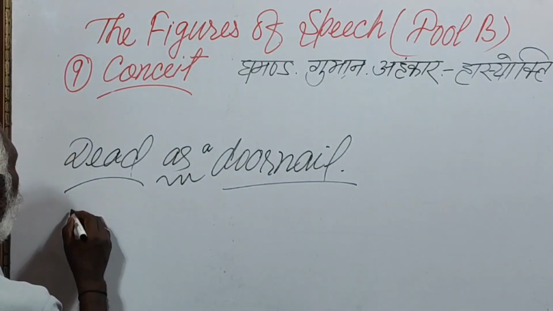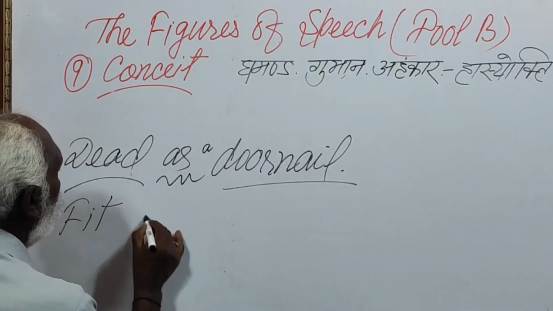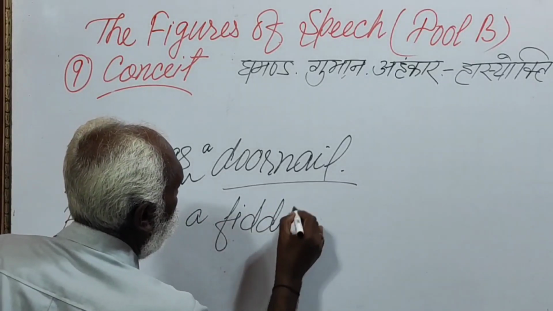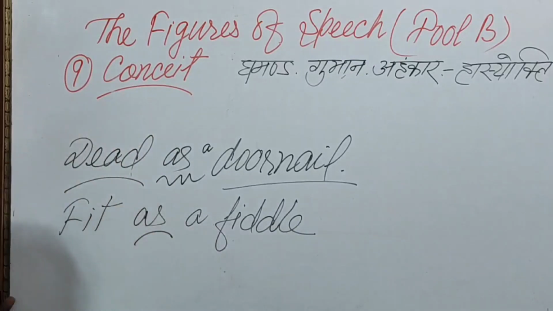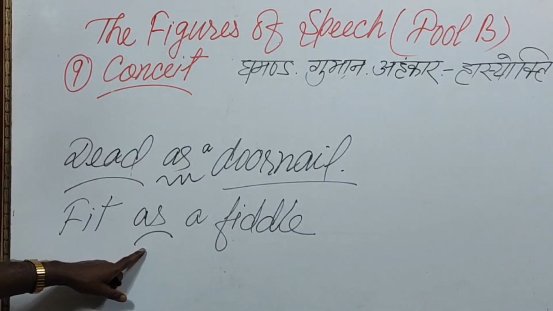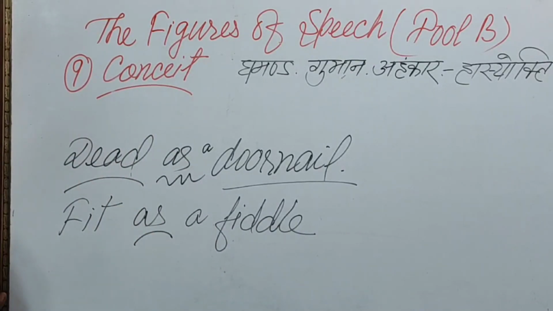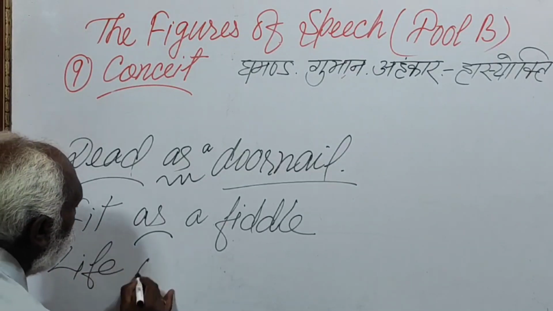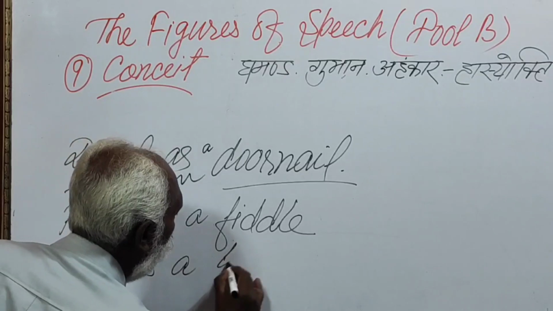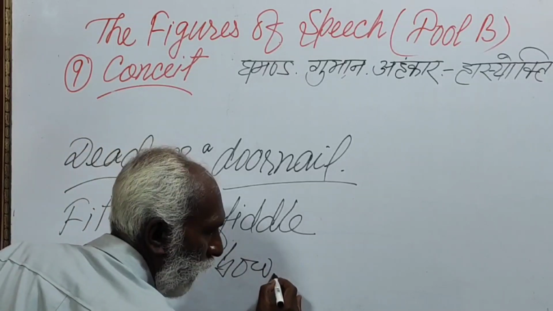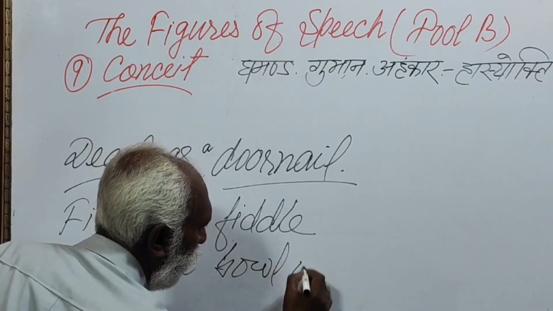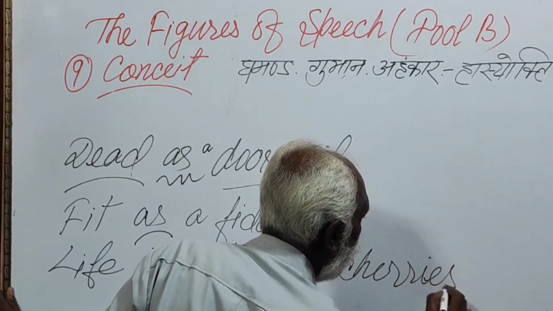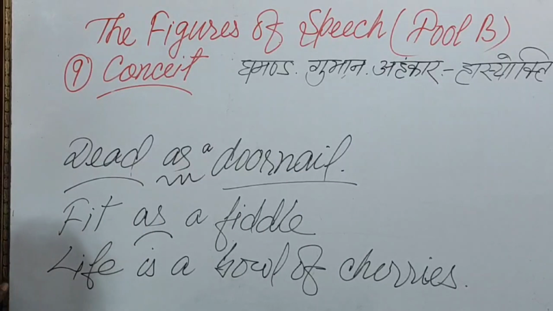Fit as a fiddle. Here again simile, simile is used again. Fit as a fiddle. Life is a bowl of cherries. A bowl of cherries, what? Life.